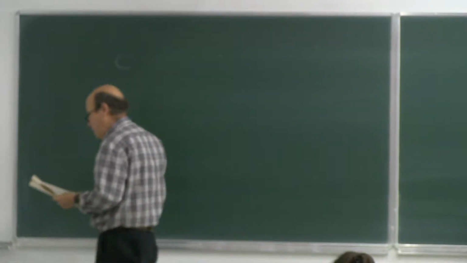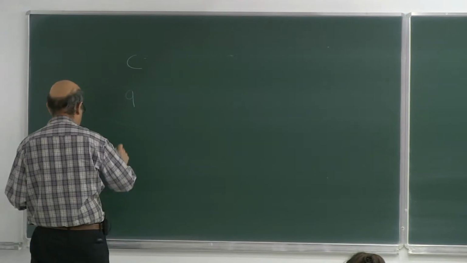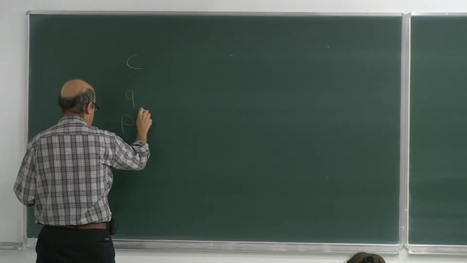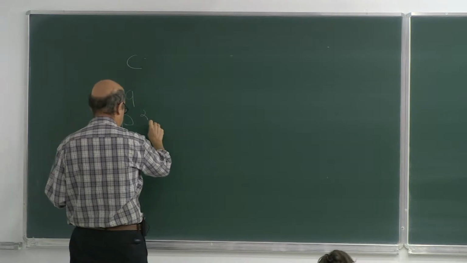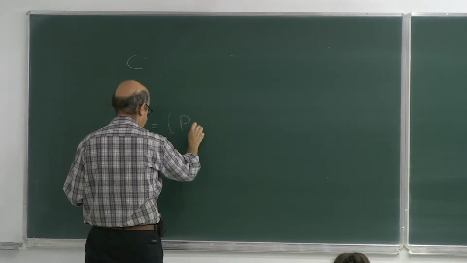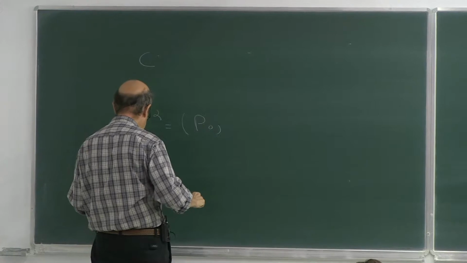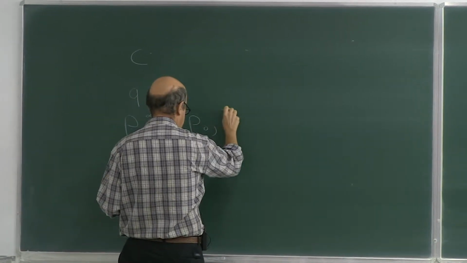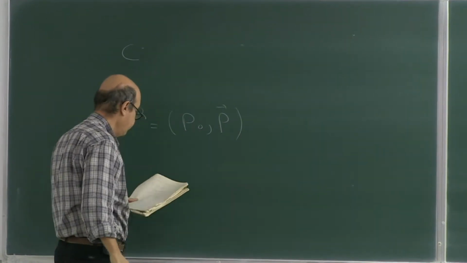Last time we saw that for the four-momentum, the time coordinate corresponds to energy over c, and the space part is p.